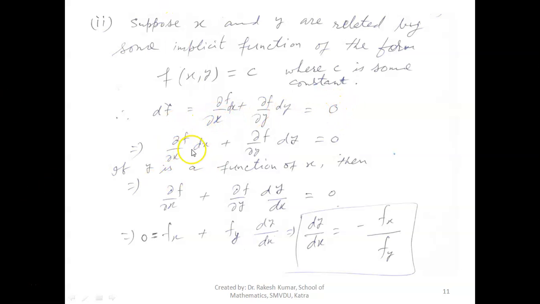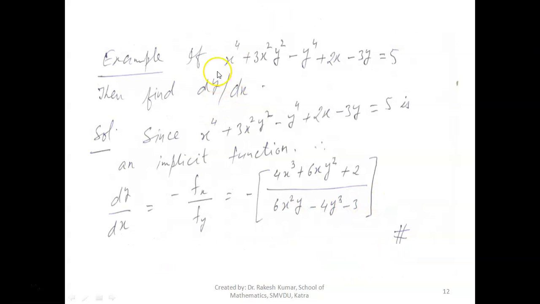So we are left with this left hand side, and again if y is a function of x, then we know from the previous point that this becomes del f/del x plus del f/del y into dy upon dx, that is equal to 0, and therefore this gives me dy upon dx equal to minus fx upon fy. This is an important result in case of implicit functions.